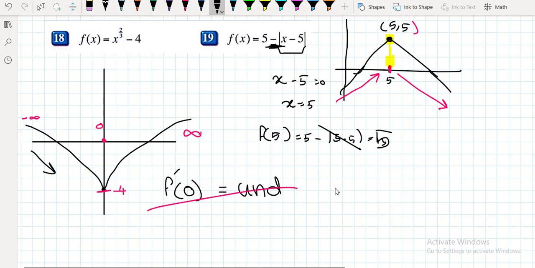So I write f prime 5 is equal to undefined. If we turn this to a question, is f continuous at x equal to 5? The answer is yes, because when I put 5 into f in place of x, I will get a result. I will not get undefined. So f is continuous and all the intervals are clear.